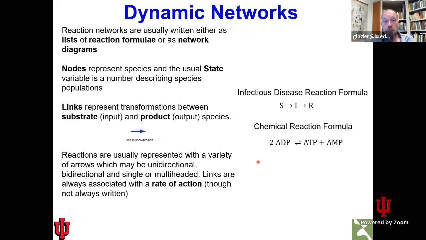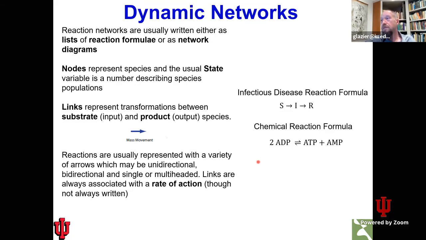So that kind of diagram is a picture. It also can be thought of as a chemical formula. S becomes I becomes R. And so those arrows are behaving, in this case, as a transformation or mass transport model. And that arrow with a pointed end classically represents transformation or mass transport.